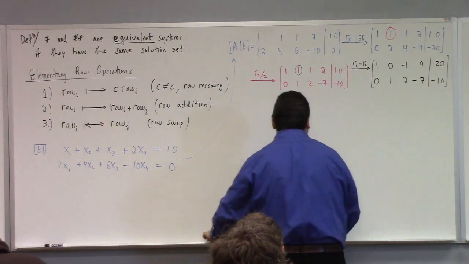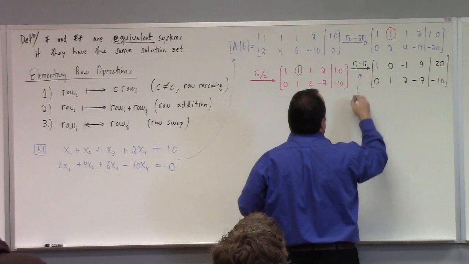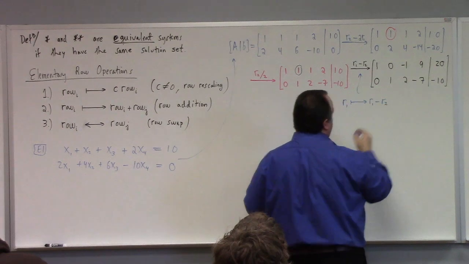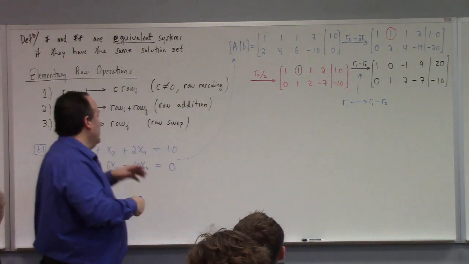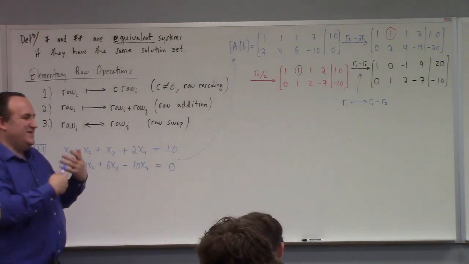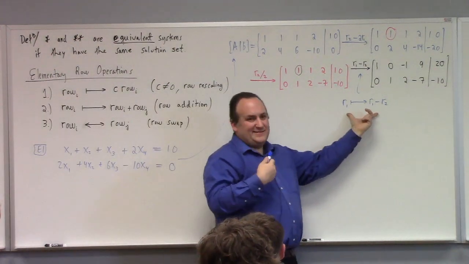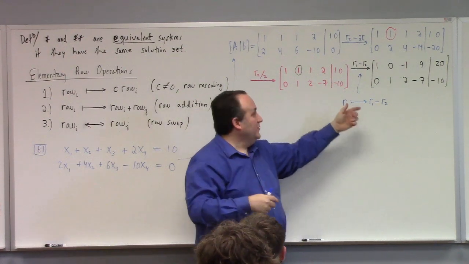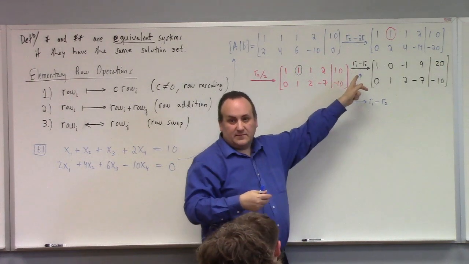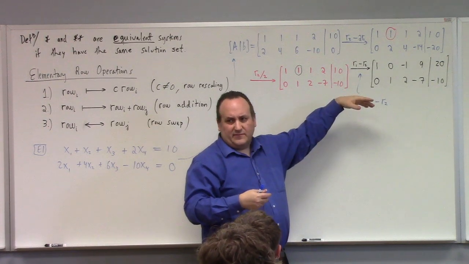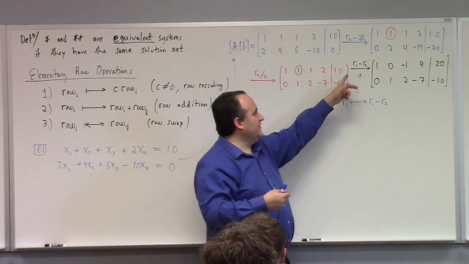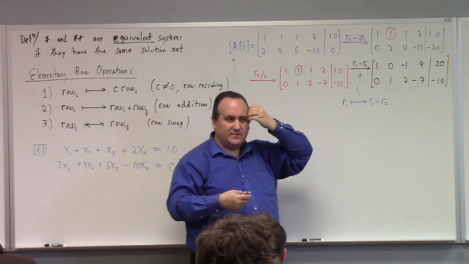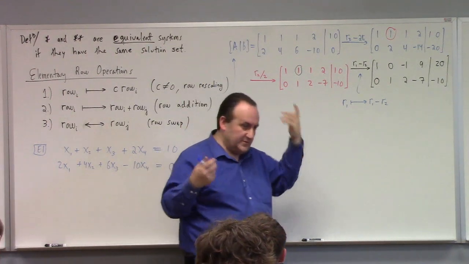For instance, this one here, I would have said row 1 goes to row 1 minus row 2 in this kind of notation. But we're going to get really tired of writing that between all these matrices, so it's nice to have a quicker way to say it. Our convention is simply whichever row comes first is the one we're modifying. I also try to draw the arrow on the row that I'm actually changing. That also helps the reader understand what I'm doing. So that's the notation.